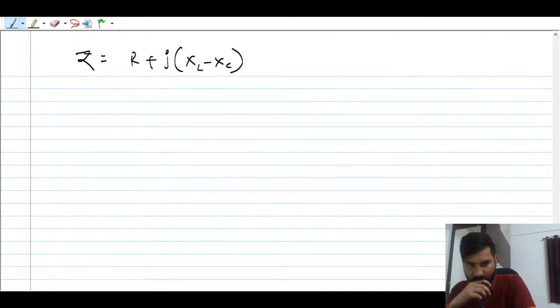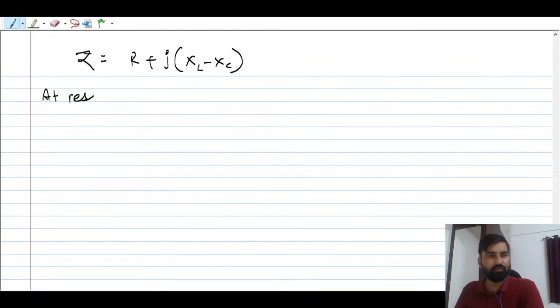So at resonance, what is going to happen? At resonance, you can make this imaginary part equal to 0, okay?